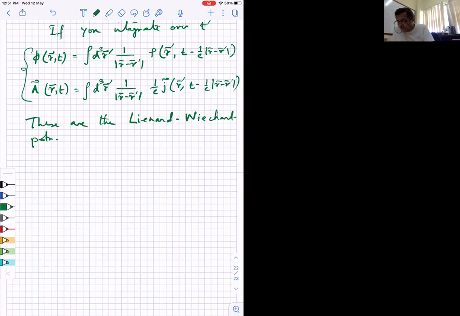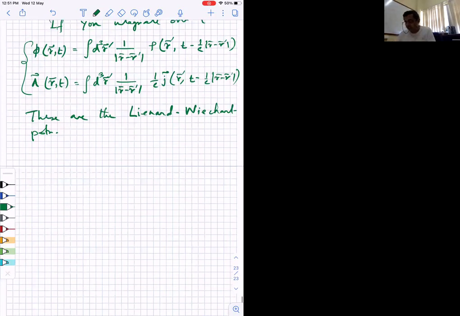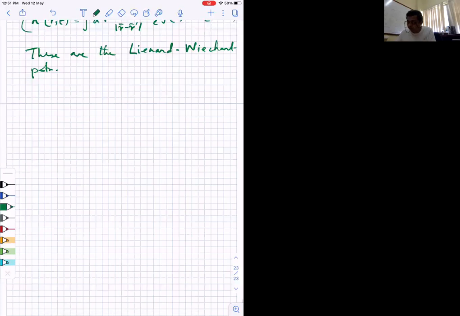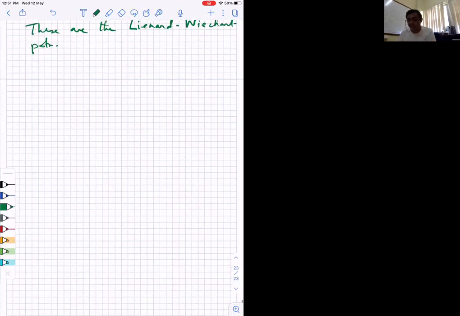Now I have done this for a general distribution of charge density and current density. You have, as I said previously, done it for a point charge moving somewhere. I think in Griffiths, you do this point charge moving and you find out what it is.